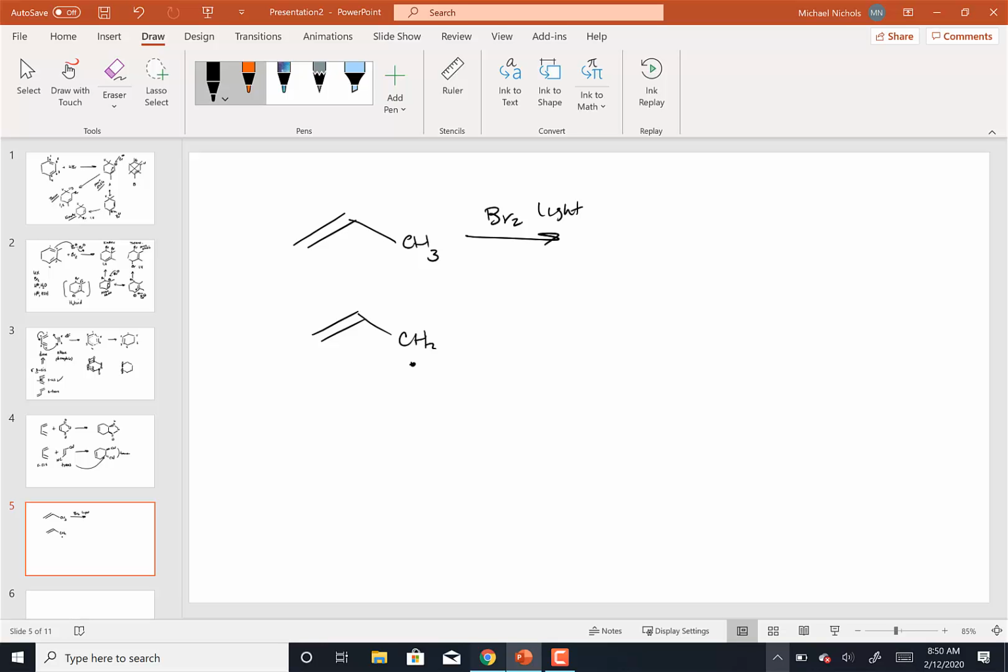And you could end up with resonance structures on that. But the thing I want to point out here is that using bromine and light with an alkene is not allowed to do free radical halogenation. This is the place where we normally introduce the idea of NBS and why it's used. Okay. So that's in one of the videos as well, I believe, because there's SN2 reactions of the allylic system. So we'll kind of mop that up and talk about the Diels-Alder and beginning of benzenes on Friday.